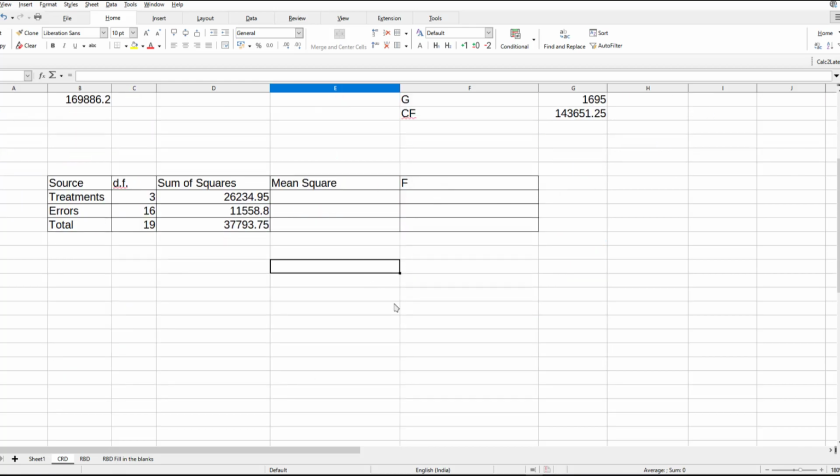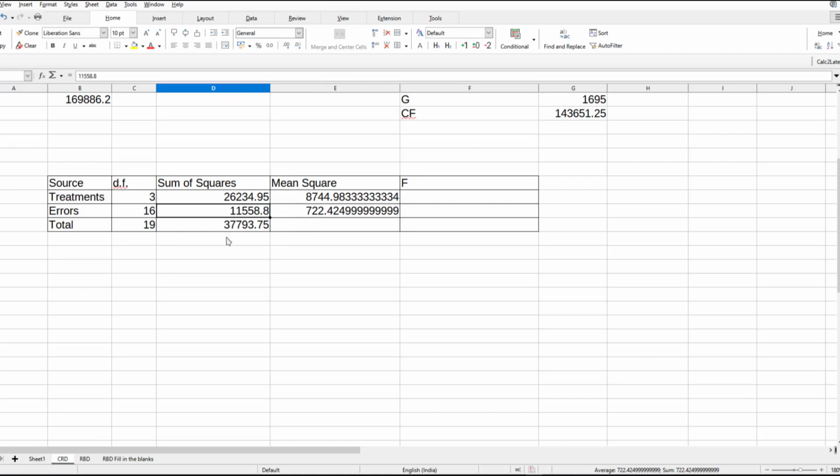So once you have the sum of square, you can go to mean square. So what will be the mean square? Mean square will be sum of square, that means 26, divided by the degrees of freedom, that is 3. Similarly, for error, 11558.8 divided by 16 is the mean square.